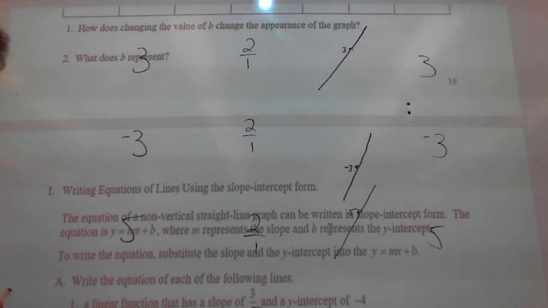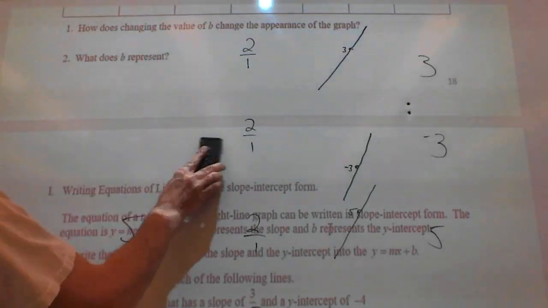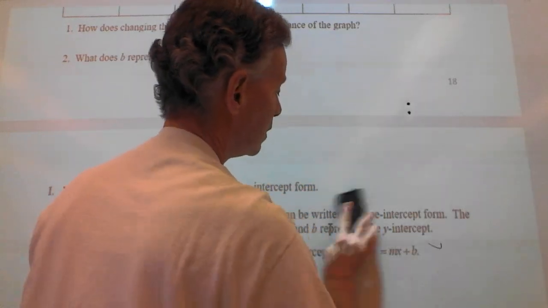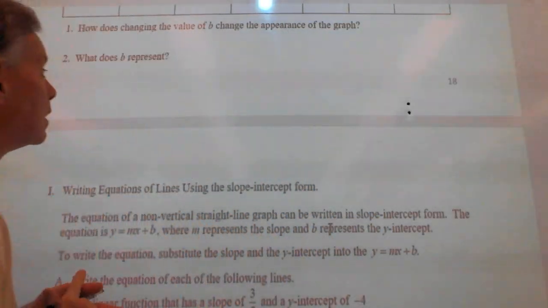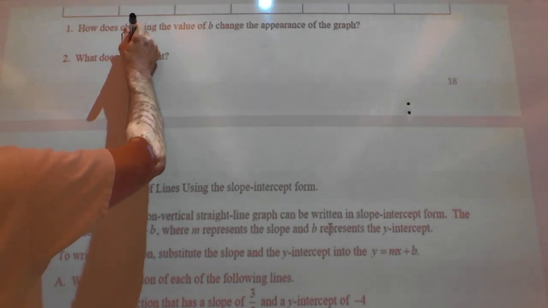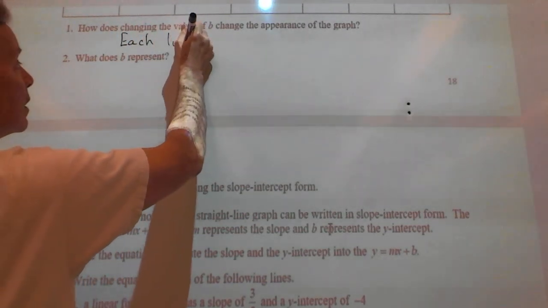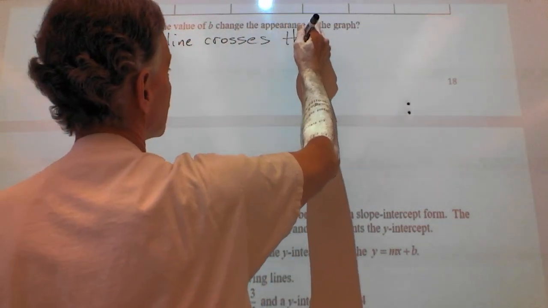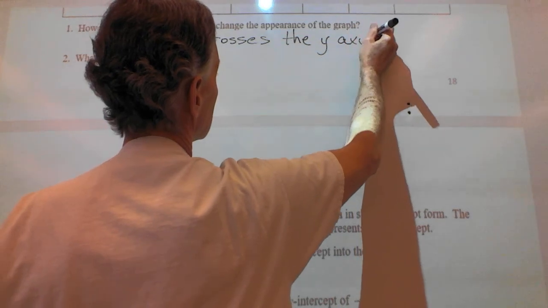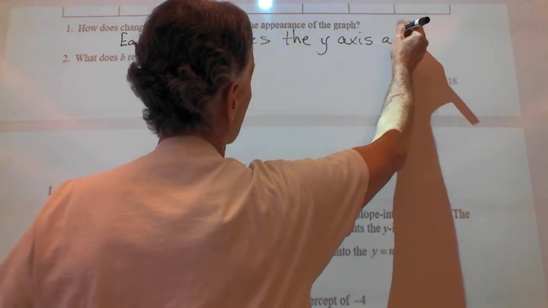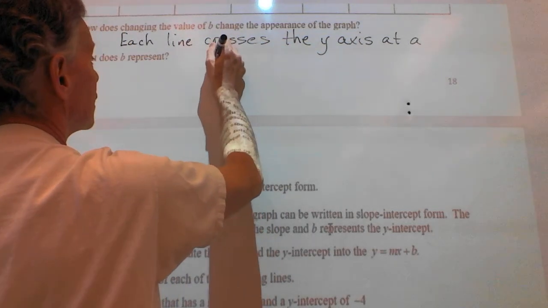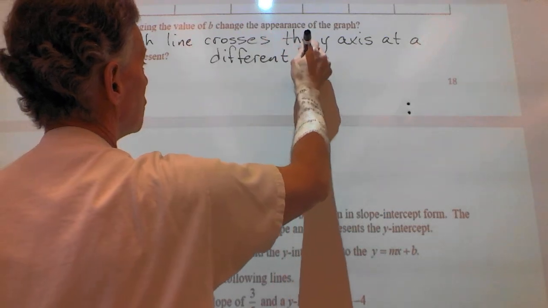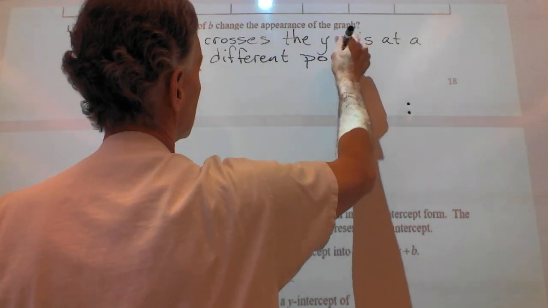So, how does changing the value of b change the appearance of the graph? Each line crosses the y-axis at a different point.